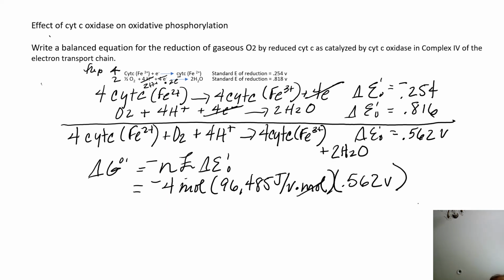Moles cancel, volts cancel, and our standard free energy then is a negative 2.17 times 10 to the 5th joules.